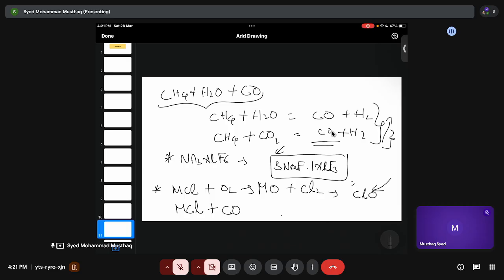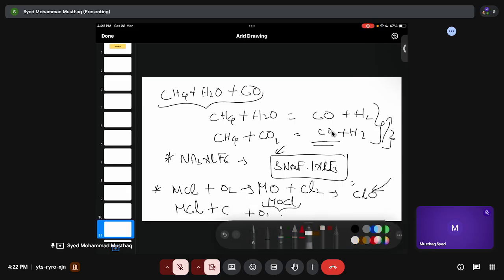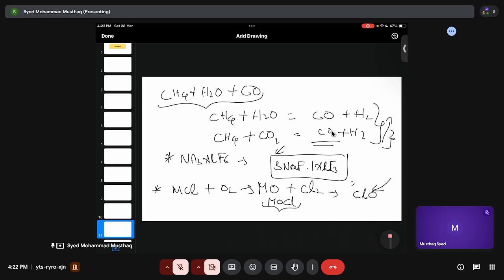So instead of doing all these things, we go with the other reducing agents. These reducing agents take away the oxygen, and you will form oxides, right? For example, let's see this reaction.